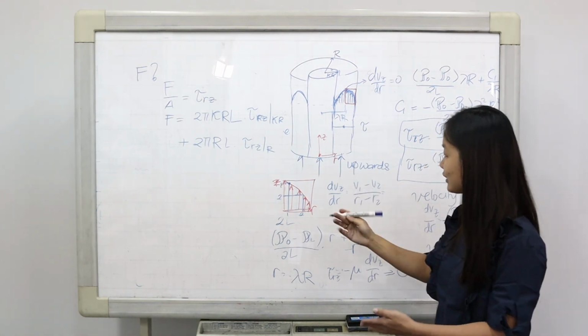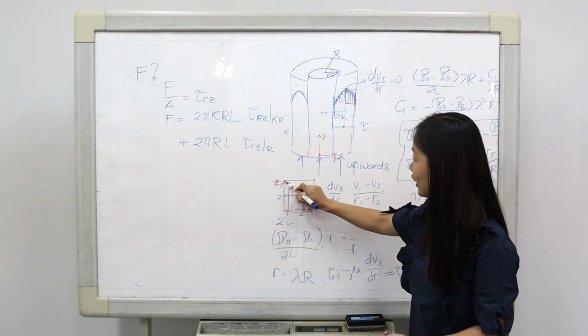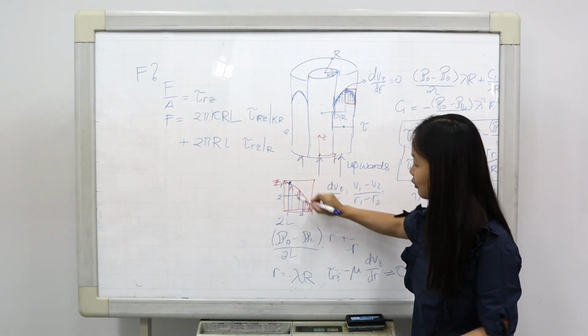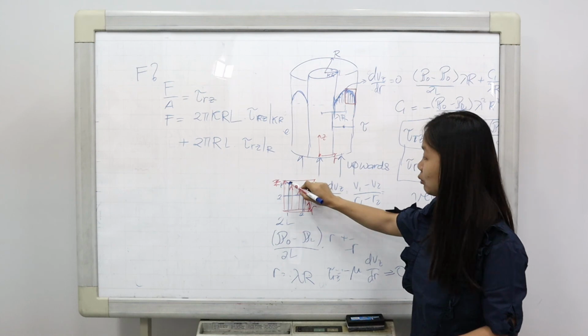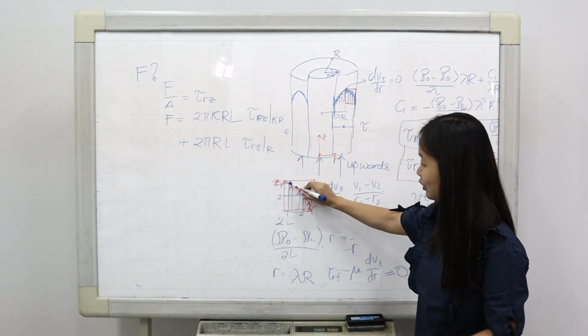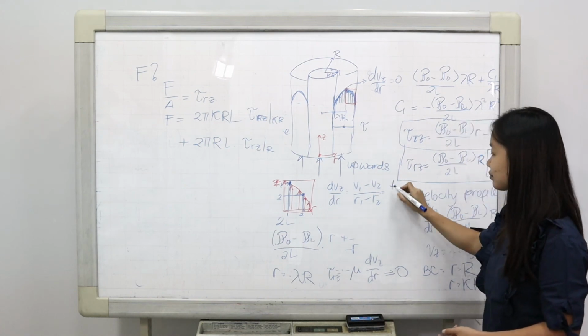The velocity at point 1 is higher than the velocity at point 2, so it will give me a positive value.